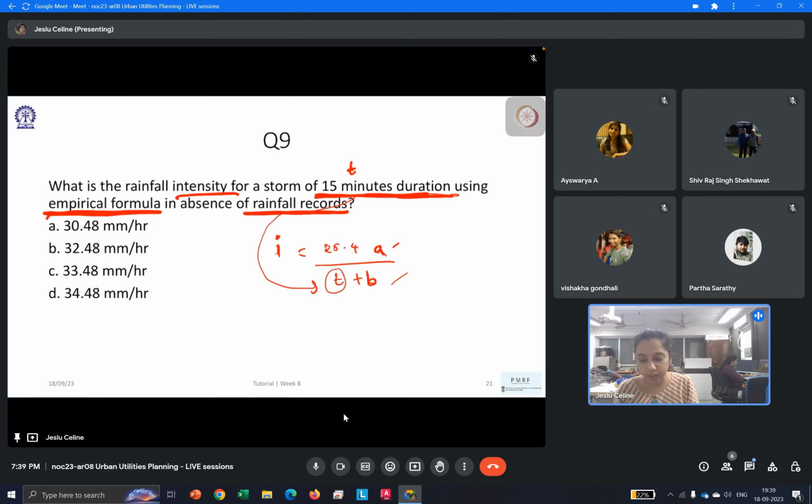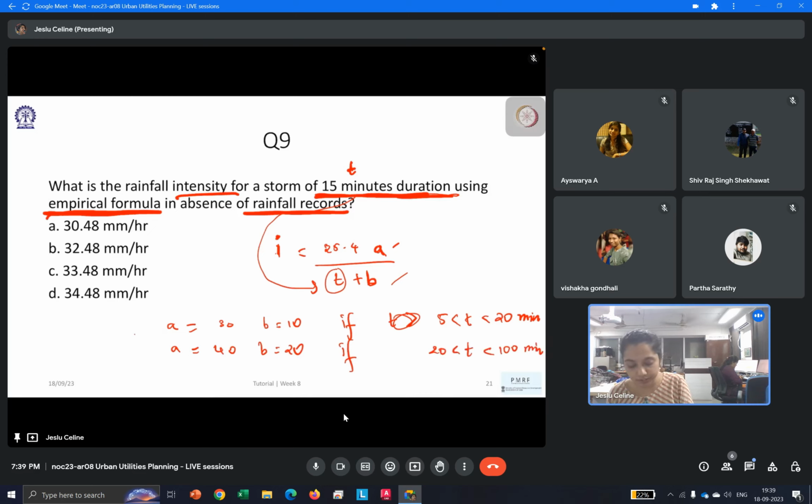So our formula goes that A is equal to 30 and B is equal to 10 if the duration of rainfall is, let's say, between 5 to 20 minutes. And A is equal to 40 and B is equal to 20 if the duration is between 20 to 100 minutes.